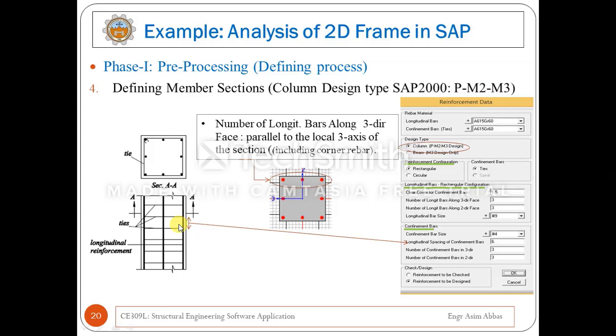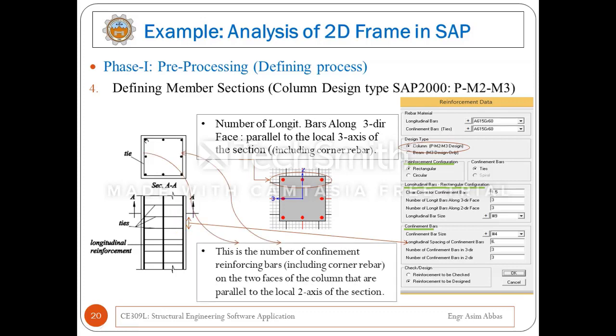Then number of confinement bars in the third direction and number of confinement bars in the 2 direction. What is this? This is the number of confinement bars, reinforcement bars, including the corner rebar, on the two faces of the column that are parallel to the local 2 axis of the section. What does it mean?